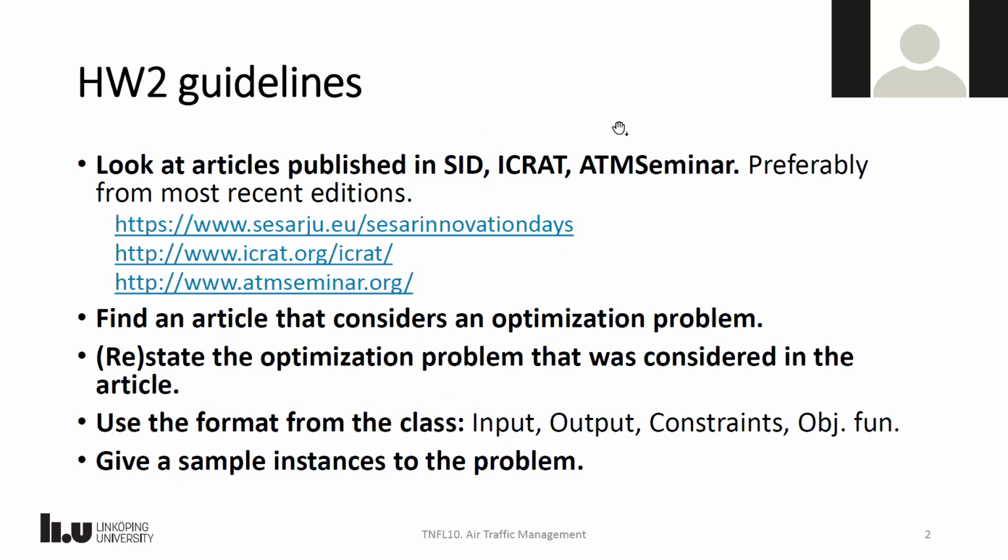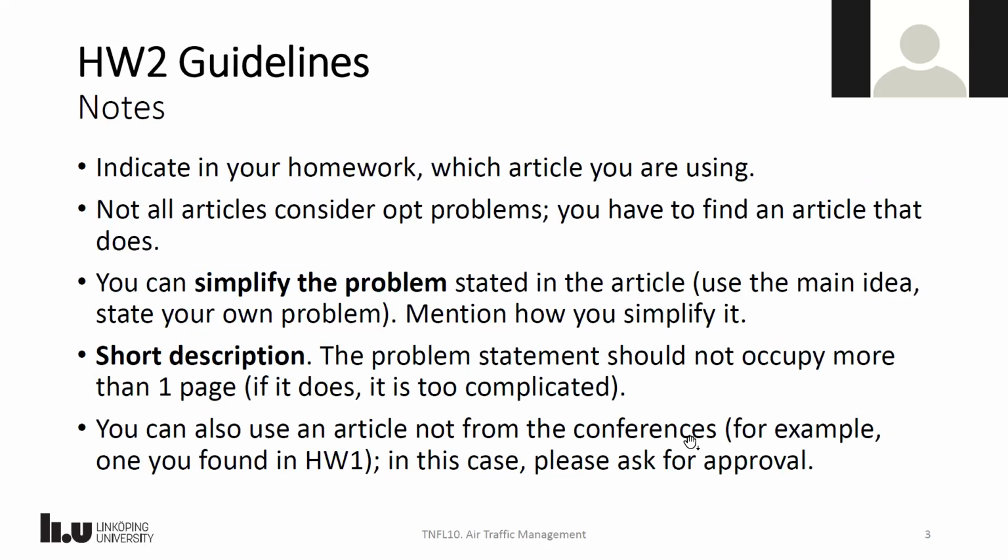You have to look at the papers, give it a look, find something that you're interested in, find an article that has an optimization problem, and take that optimization problem and formulate it as it is done in this class. And also the last step would be to give one sample instance to the problem. And we are going to see in a second what this means.